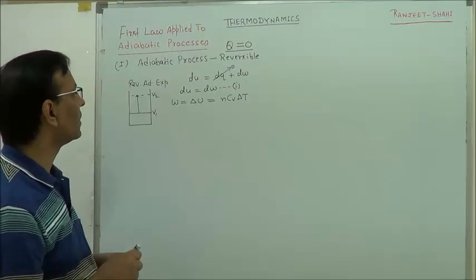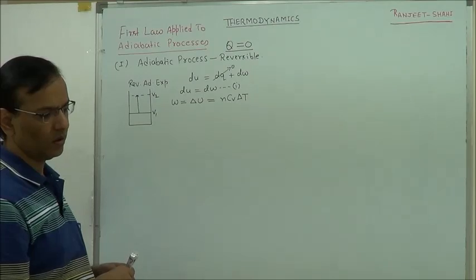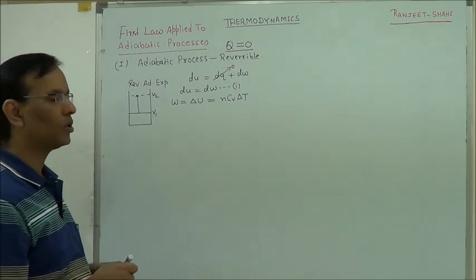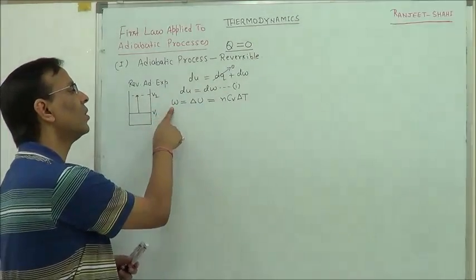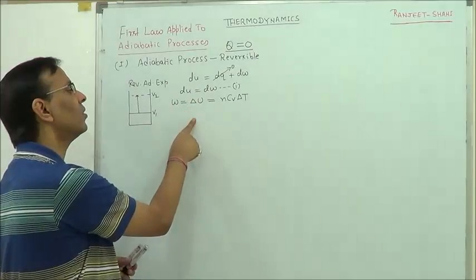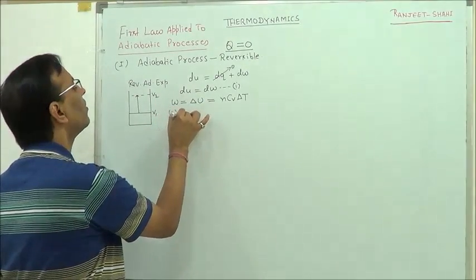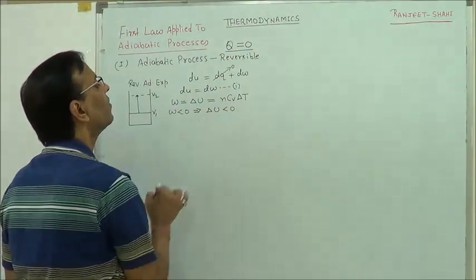We also know that in case of expansion, work is done by the system. So the value of W will be negative, it will be less than 0. W is less than 0, therefore delta U will be less than 0.